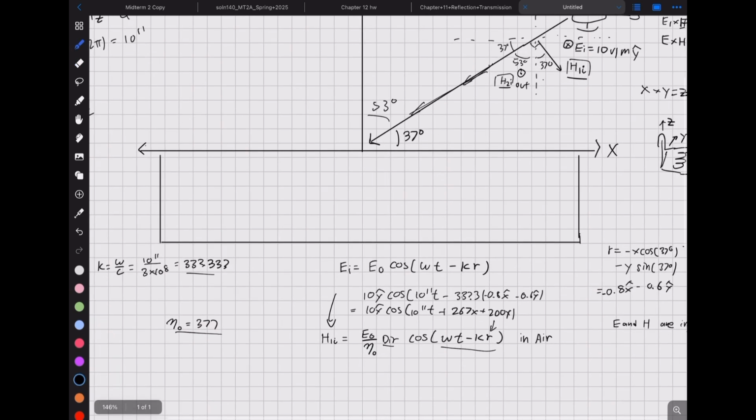When finding direction, we can use sine and cosine components.